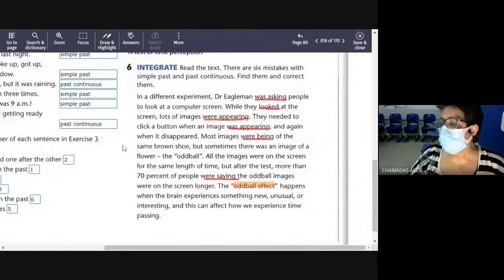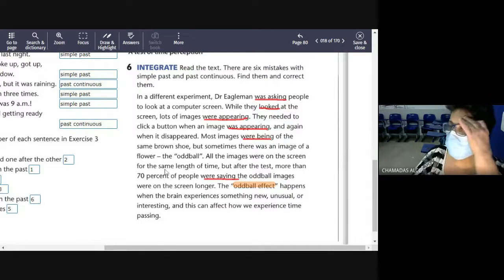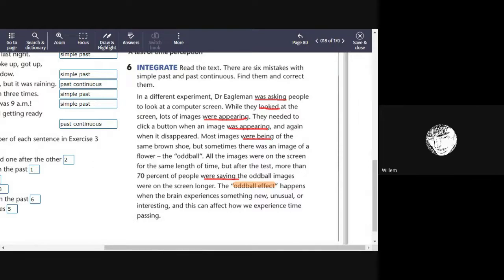Which one do you want to see again? Which one? I don't know. All the images were on the screen. Oh, the last one. We're saying.